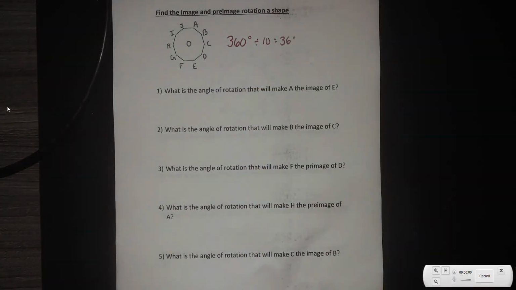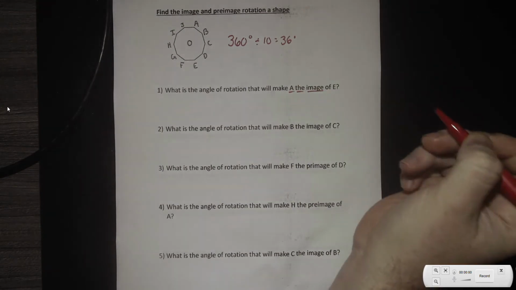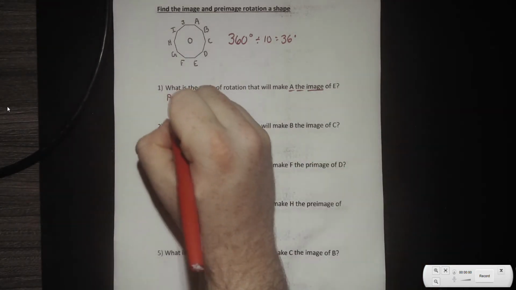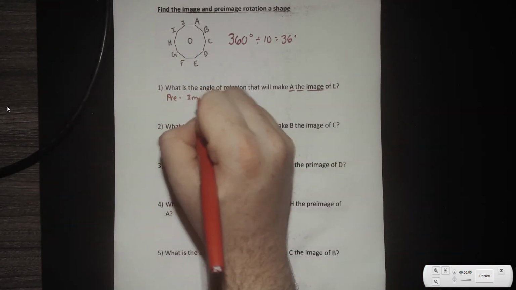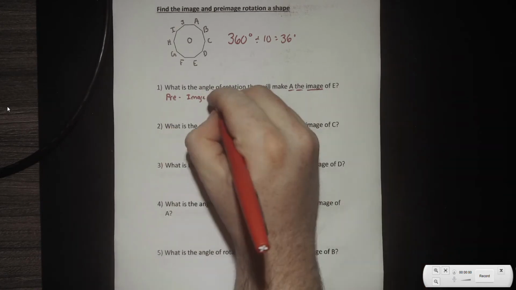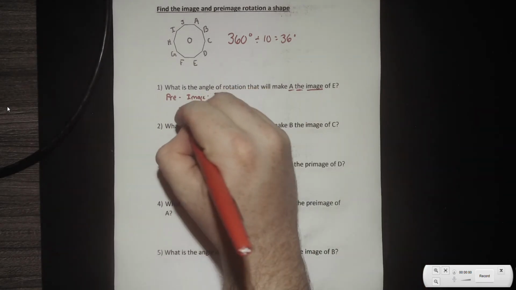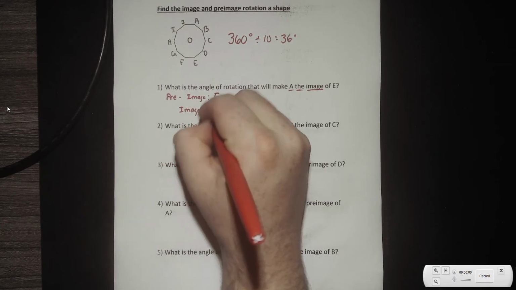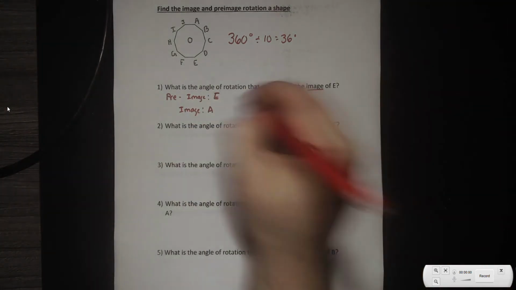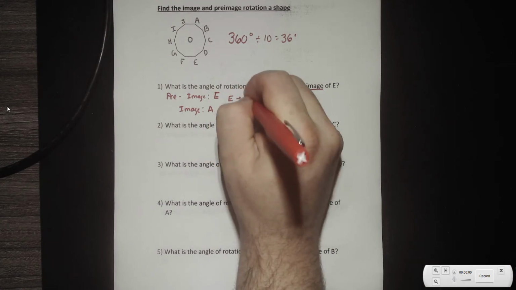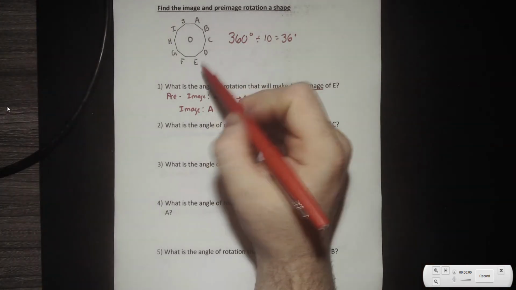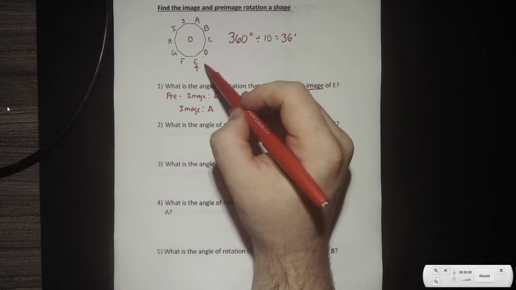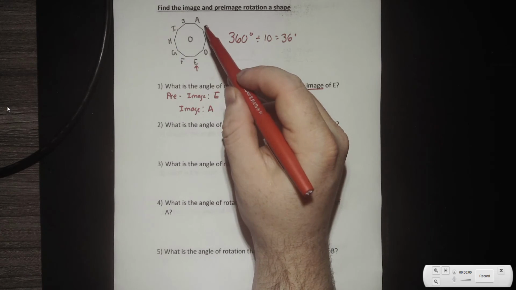Okay. So what is the angle of rotation that will make A the image of E? So we want A to be the image of E. My pre-image is going to be E, and my image is going to be A. So basically, I'm going to start at E and go towards A. If I start here at E, I'm going to count how many times it takes me to get to A. 1, 2, 3, 4.